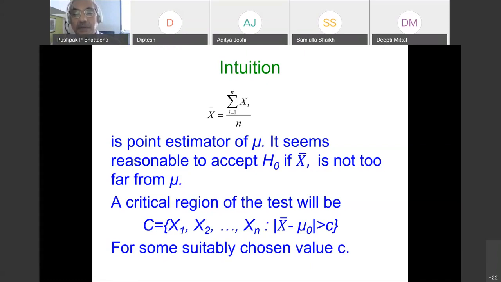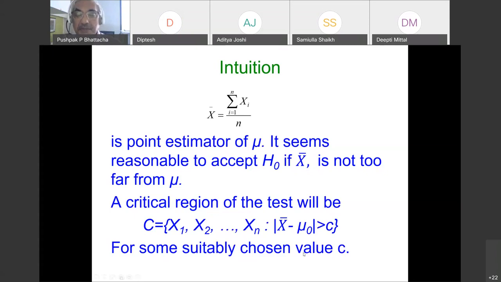Now, the problem is very clear. Sample average should be close to the population average. And therefore, we would like to introduce a notion of what is called the critical region. So this is the fourth term we are introducing: null hypothesis, alternate hypothesis, and critical region, and also two-sided test, one-sided test.